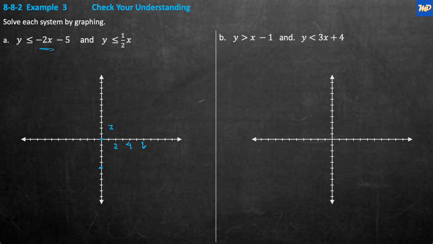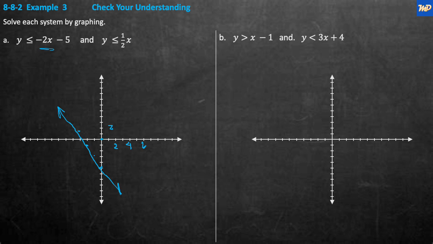You can go right 1, down 2, or you can go up 2, left 1. Okay, you can convert it. So I'm going to go up 2 and 1 over. Up 2 and now I'm 2 over. Up 2 and now I'm 3 over. So our line, if I can draw a straight line through here, is along here. Okay, not too bad. I've done a lot worse than that in the past. And so that's that line.